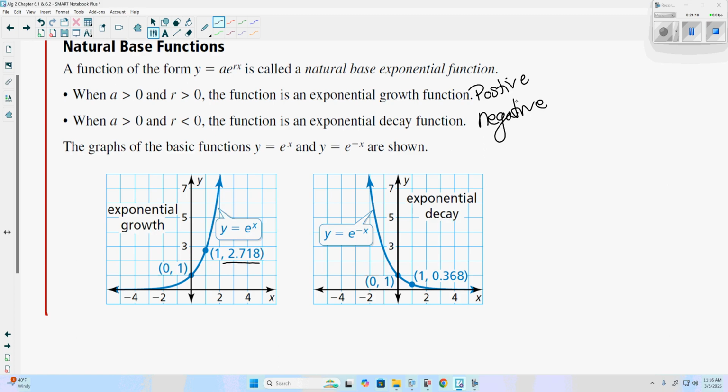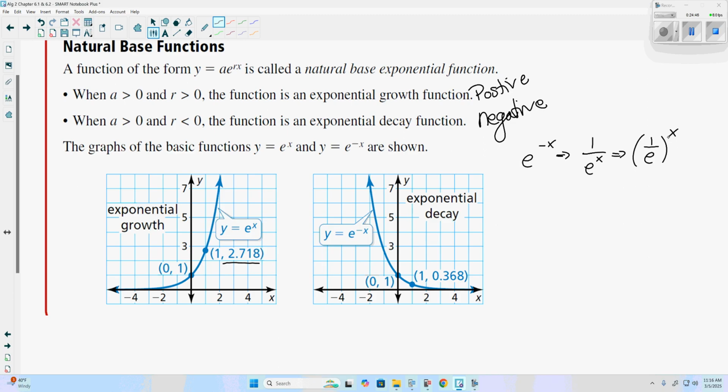And the reasoning for this is e to the negative x is the same as 1 over e to the x. That e is in the bottom of the fraction. And really dealing with the properties of exponents, we could actually say it's the same as 1 over e, to the x.